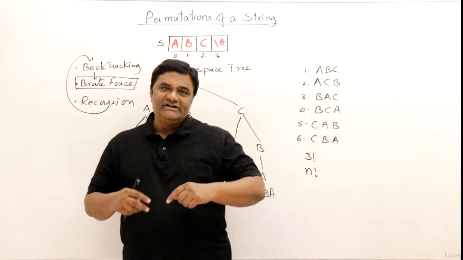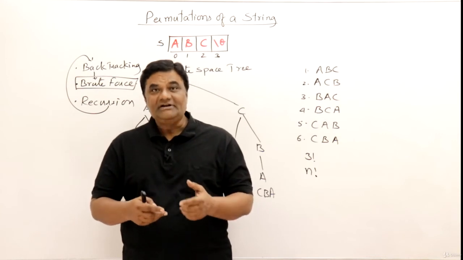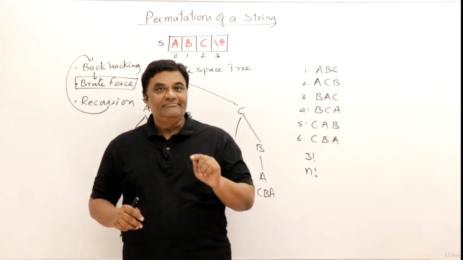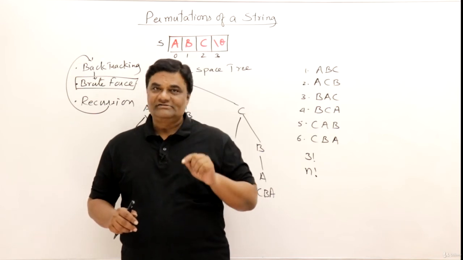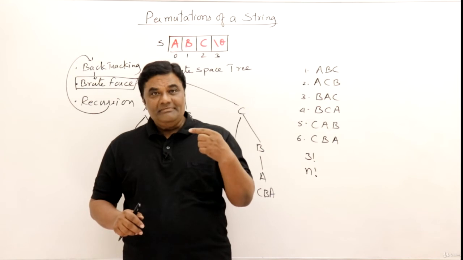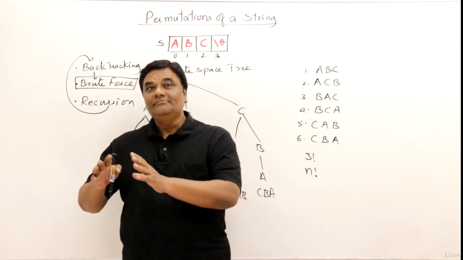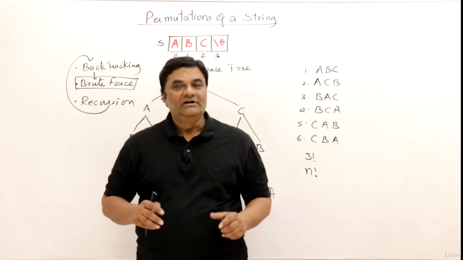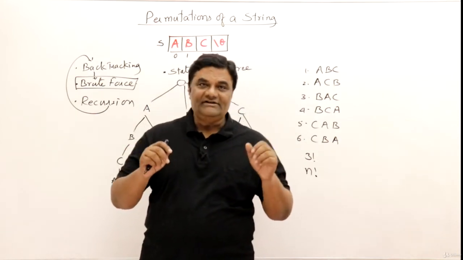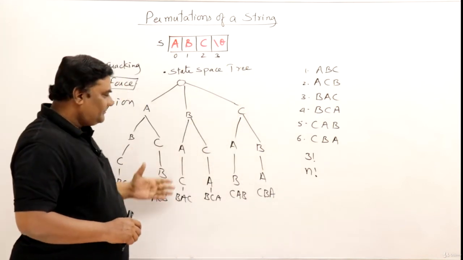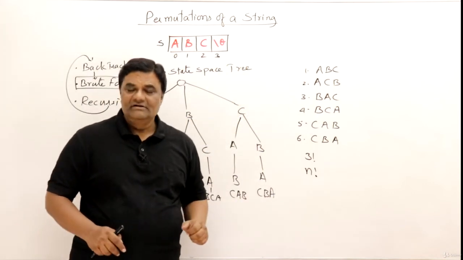So this can be done using loops also if you want, but you have to use a stack for using loops. So this is mostly implemented using recursion. So backtracking is implemented using recursion, and backtracking is used for achieving the brute force approach. Right? So these are the terms that we have learned from this example. So the example is to find all permutations.